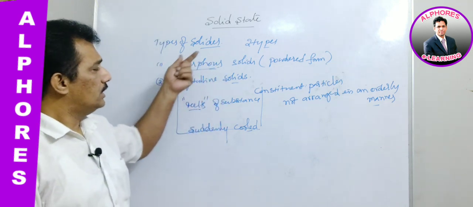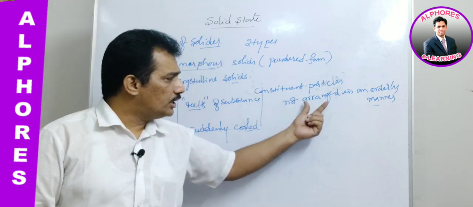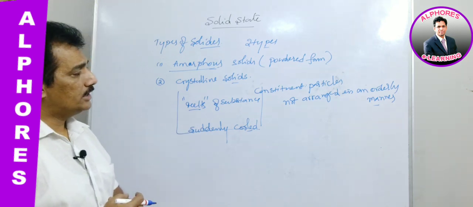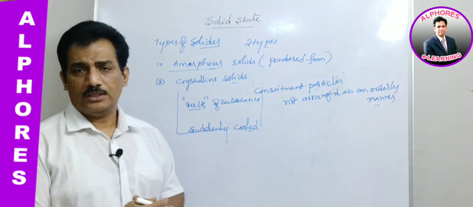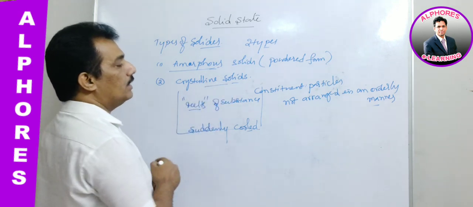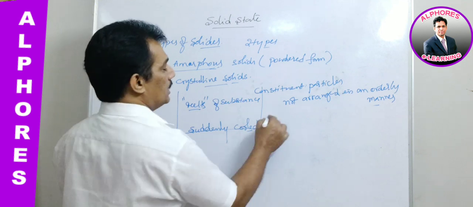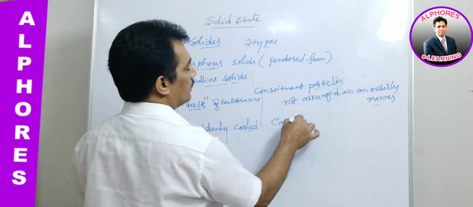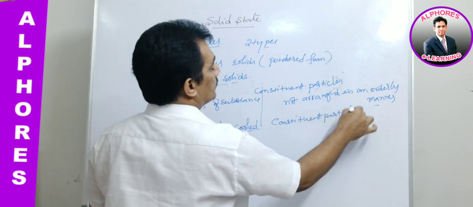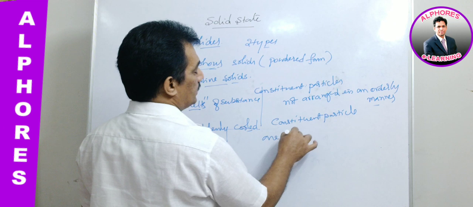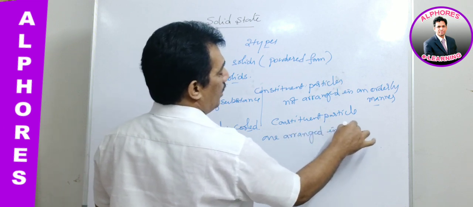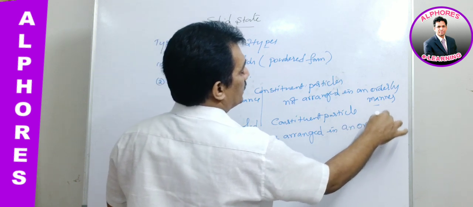That is the condition. In this amorphous form, the constituent particles are randomly arranged, and because of that random arrangement, there is no geometrical form for these amorphous crystals. And then crystalline solids. Here, reverse to this, the constituent particles are arranged in an orderly manner.